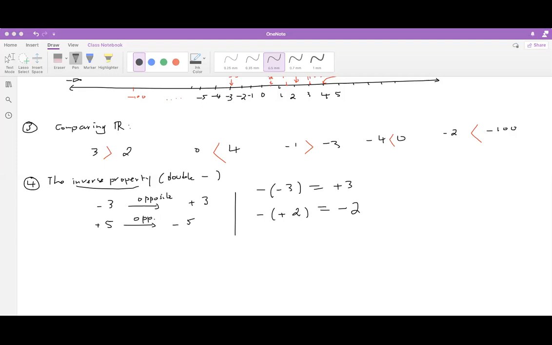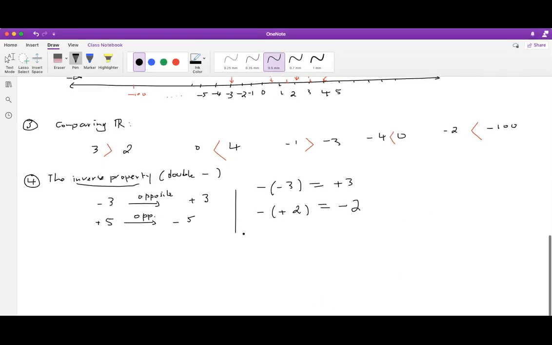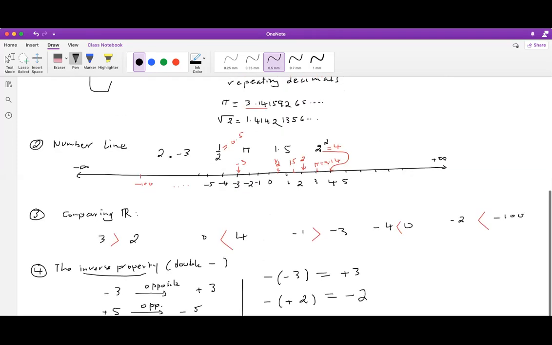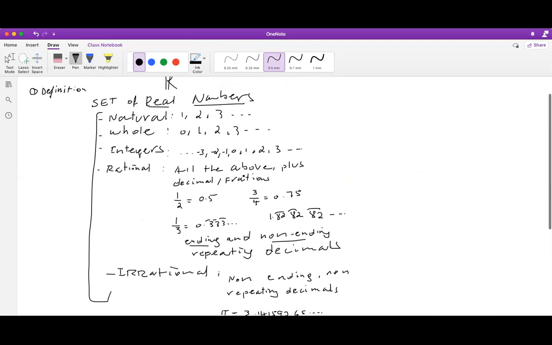Okay, so that's what we mean by the inverse property of real numbers. Any number on either side of the number line has an opposite number on the other side. And to generalize this for any real number, let's say some number x. When you say for any real number x, that x could be any of these numbers we talked about earlier.